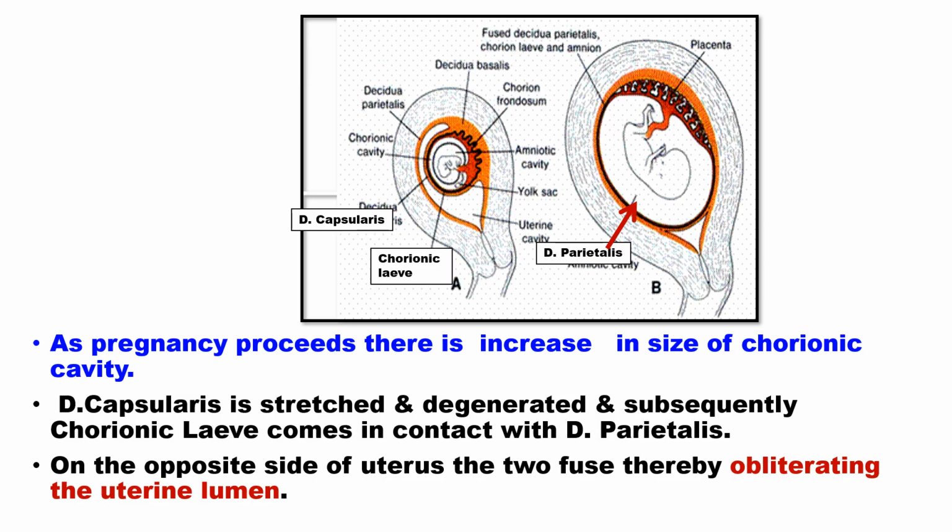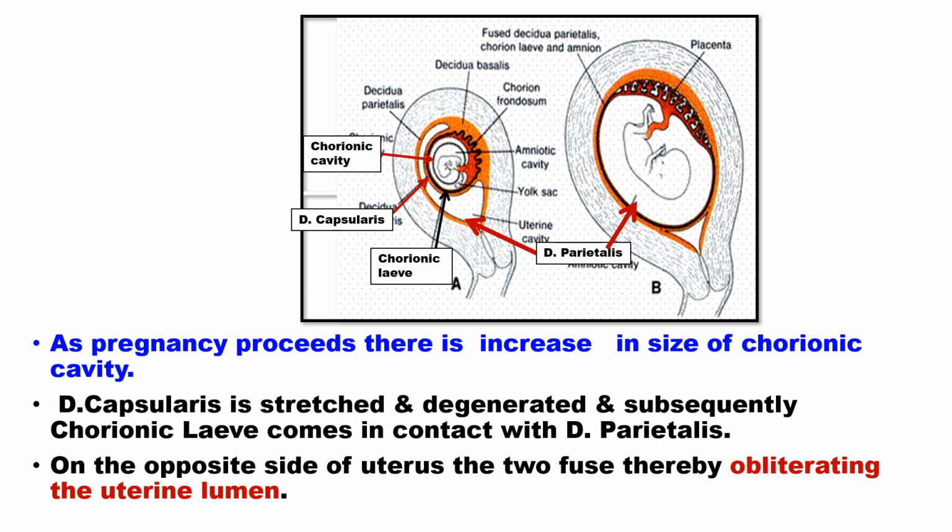As pregnancy proceeds, there is an increase in the size of the chorionic cavity. Decidua capsularis is stretched and degenerates, and subsequently the chorion laeve also comes in contact with decidua parietalis on the opposite side of the uterus.